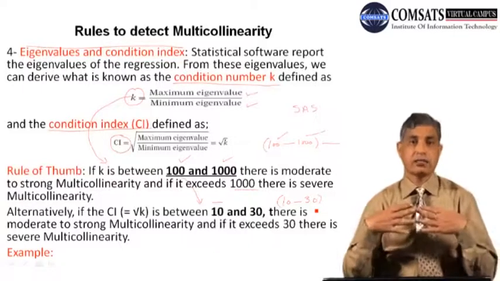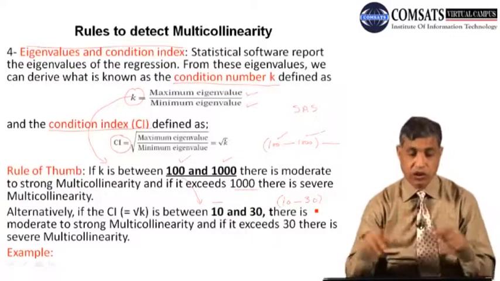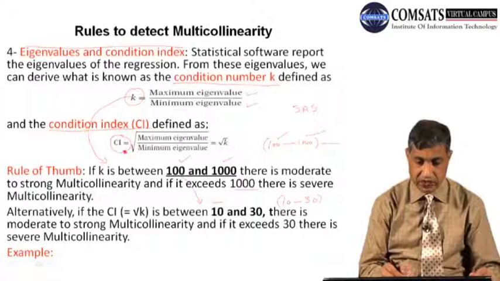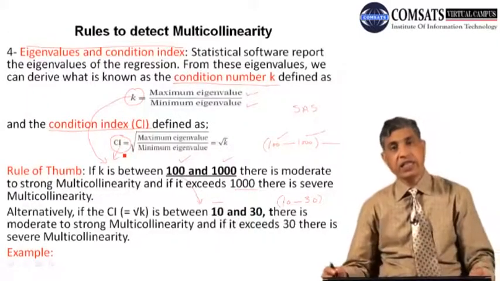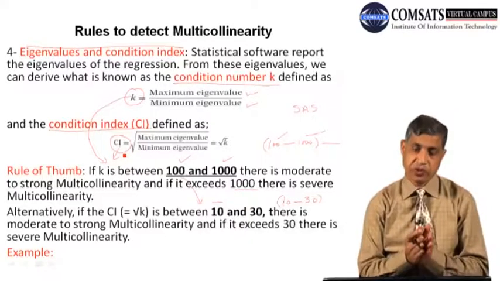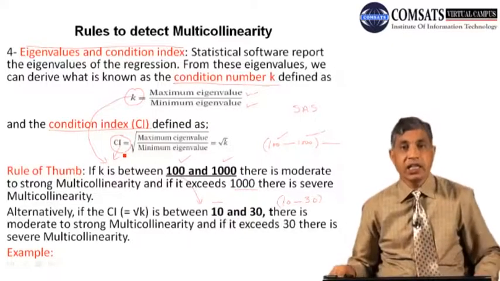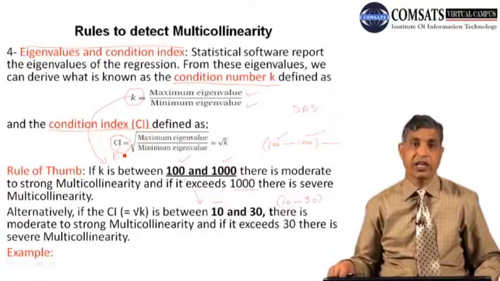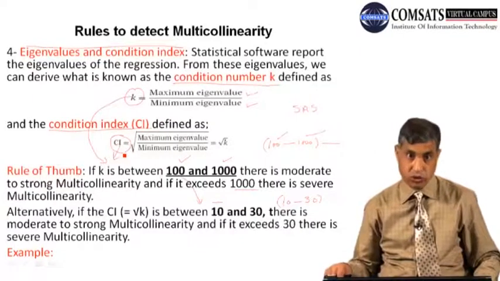So what is this? If our calculated CI, the conditional index, is in this area with values between 10 and 30, then there is multicollinearity starting from moderate to strong.